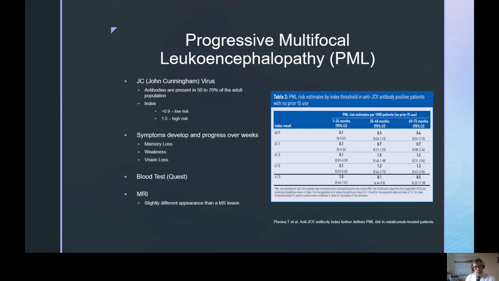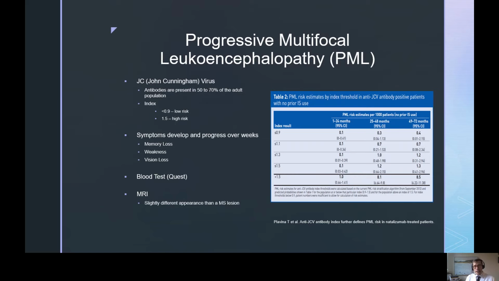When you have the JC virus checked, if you're positive, it will report an index, and this reflects the concentration of the antibodies to the virus. There's evidence in Tysabri patients that the higher the index, the more likely you are to develop PML.